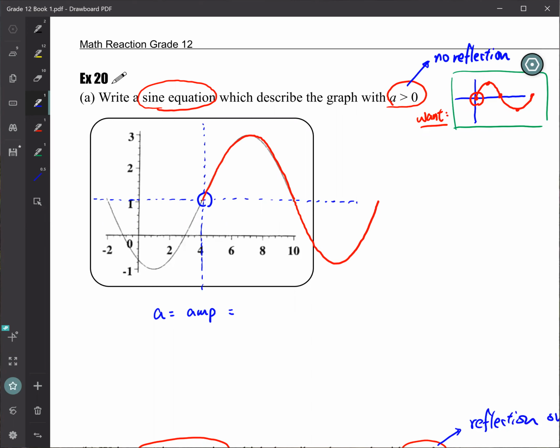3. How do you know it's 3? I don't know. What's the meaning of amplitude? Like the highest and like the lowest. From highest to lowest, that's the amplitude.